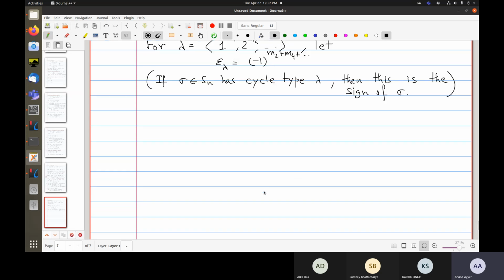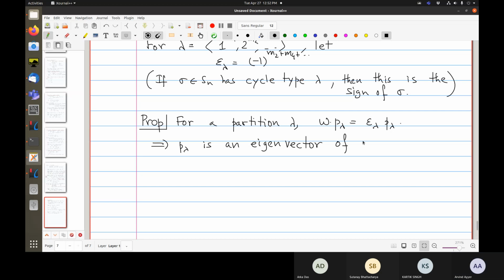Okay, so the result is that for a partition lambda, omega acting on p lambda is epsilon lambda times p lambda. So p lambda is an eigenvector of omega with eigenvalue epsilon lambda.